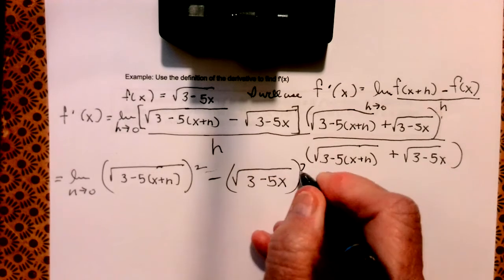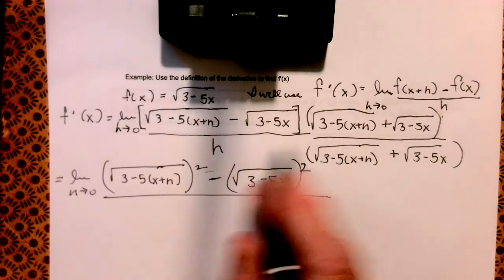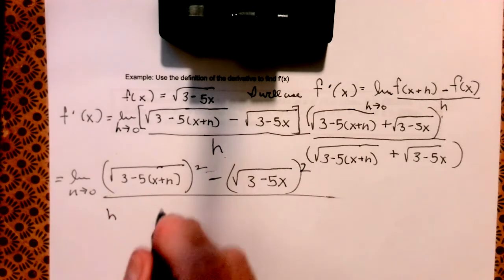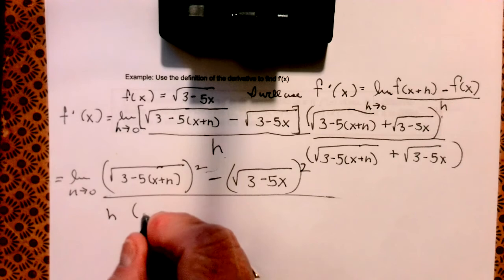And then in the denominator, we've just got all this stuff. Now don't distribute, just leave it like it is, because remember, we want to cancel the h. So we just write it again.